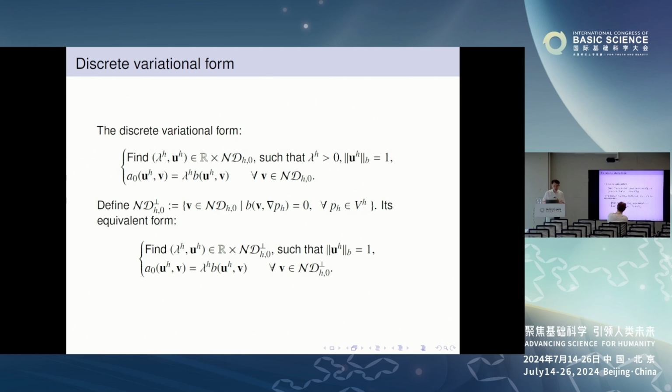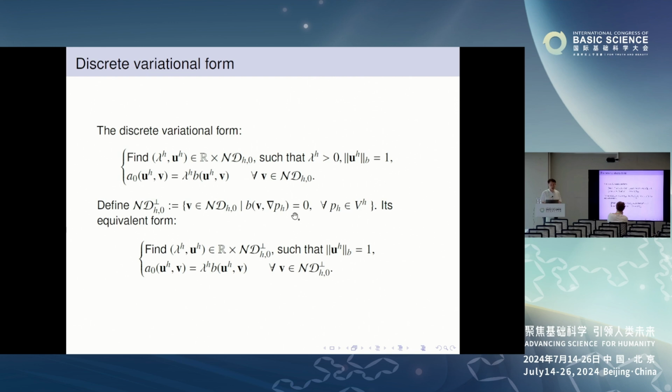The discrete variational form is similar to the Maxwell source problem: we can also use the Nedelec element to approximate this variational form for the eigenvalue problem. You can write down this formulation like this, and the perp symbol denotes the orthogonal complement space for this finite element space, the P1 conforming finite element.